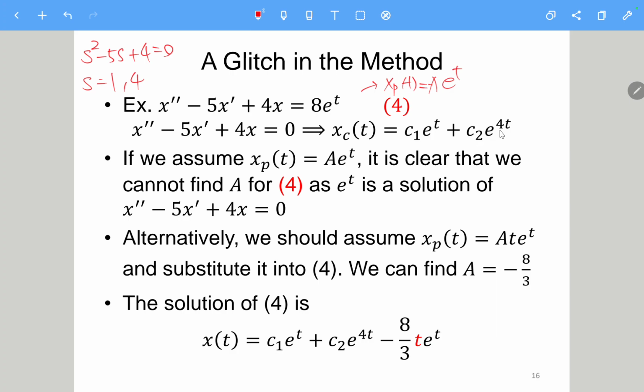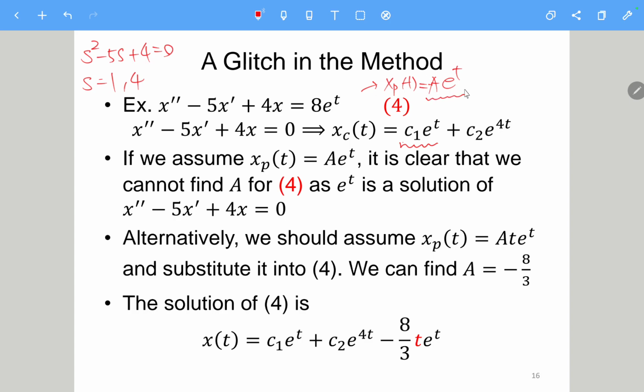If you are clever enough, you may recognize that this is exponential t, and this is also exponential t. So you should be able to imagine that if I plug this one into the left side, it should give you 0, because s equals 1 is a solution to the characteristic equation.